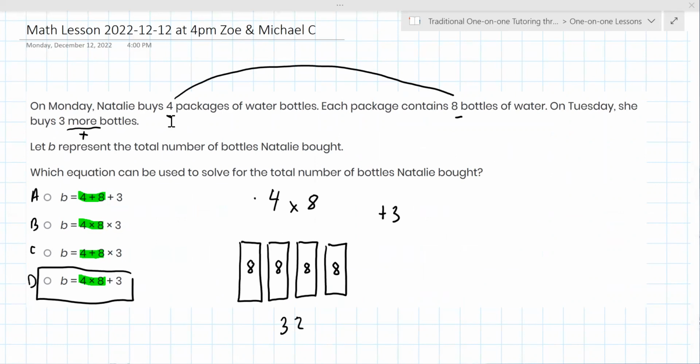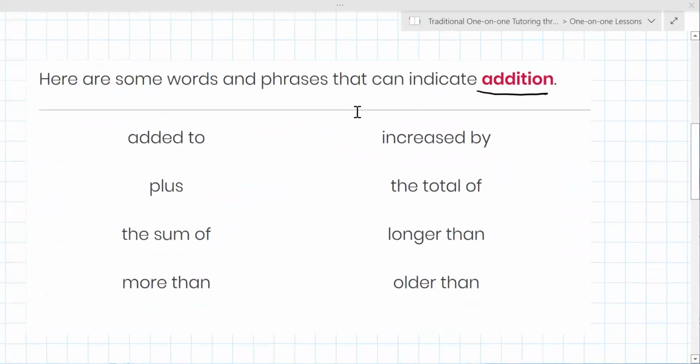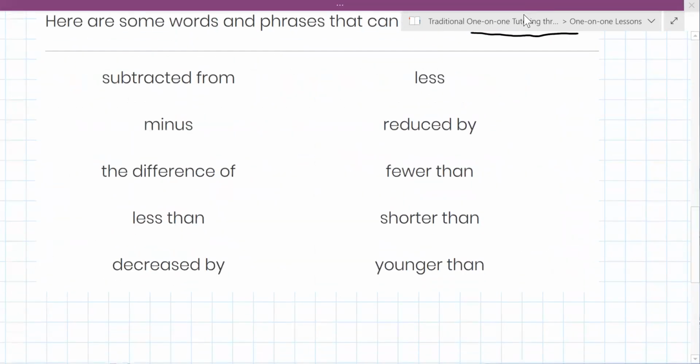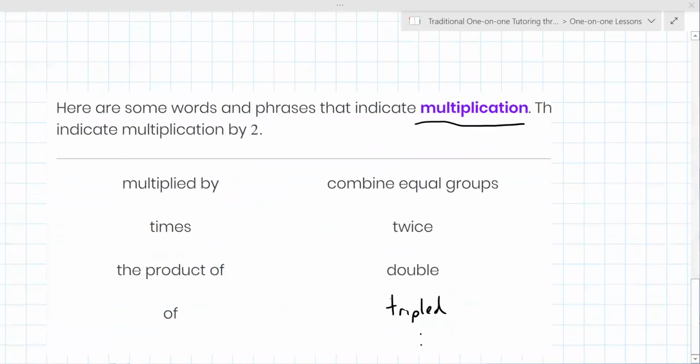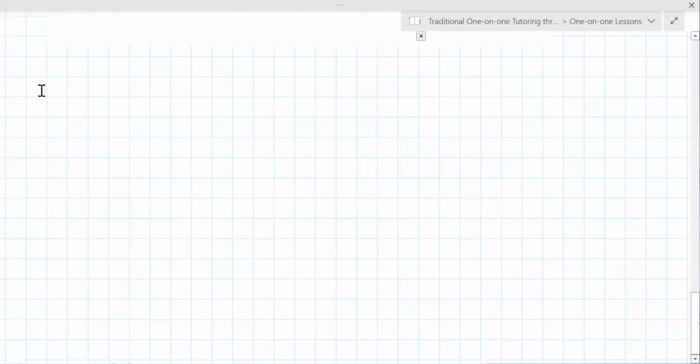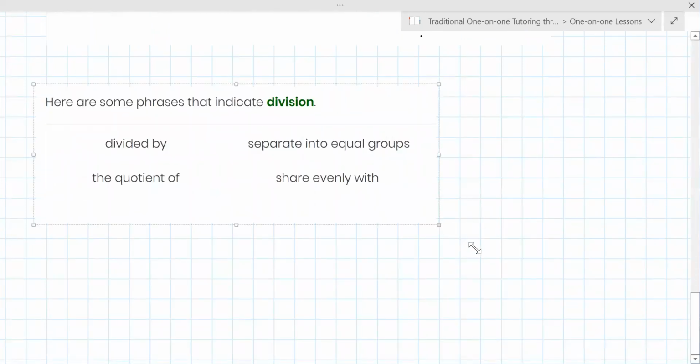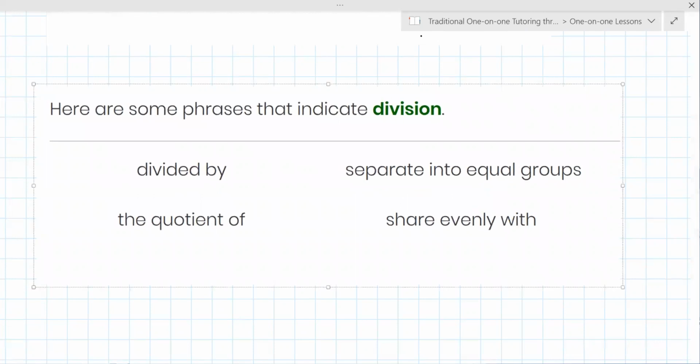We're going to look at some more word problems where you have to figure out: is it addition, subtraction, multiplication, or division? I'll try to identify that keyword for you so you can find it. But these are words you have to get down in your memory at some point.